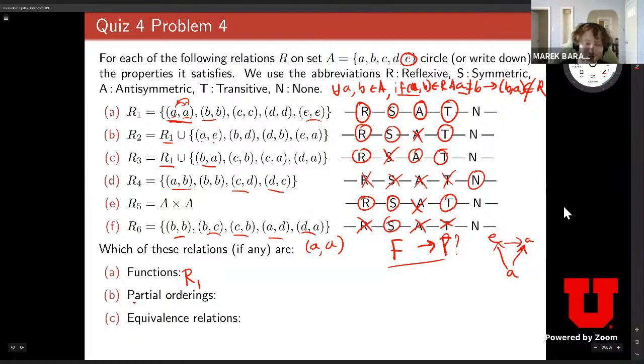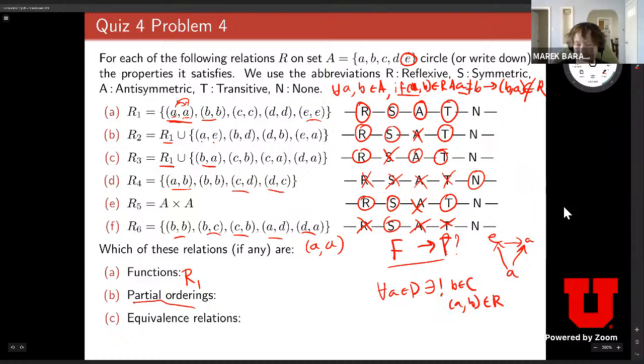So which ones are partial orderings? Does anyone remember what a partial ordering means? We have a question: do functions have to be one-to-one? Functions don't have to be one-to-one. What you need for a function is for all A in the domain, there is one and only one B in the codomain such that (A, B) is in the relation.